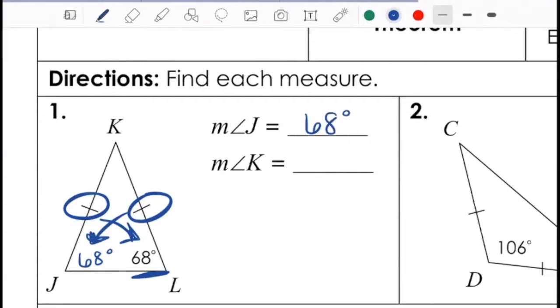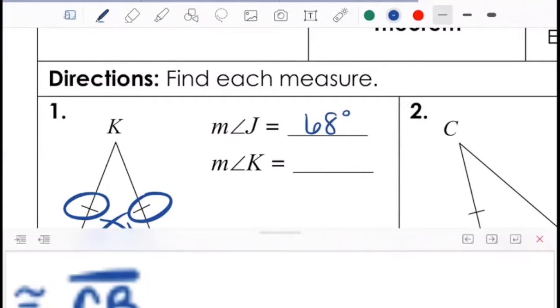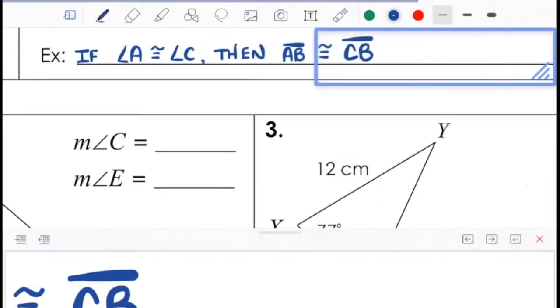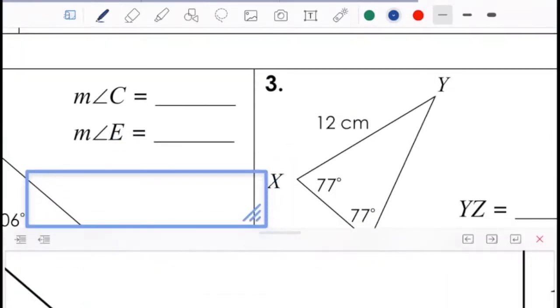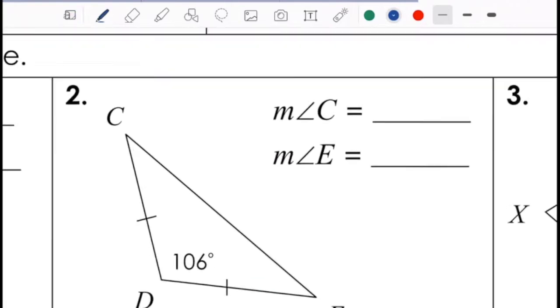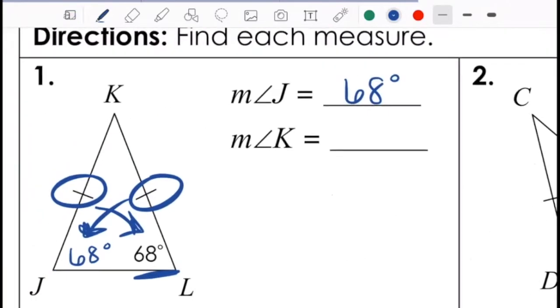Now that we have two of our three angles, my handwriting is just going to be sloppy because I don't want y'all to have to see that box. We can use the triangle sum theorem that we talked about last week to find the missing third angle.